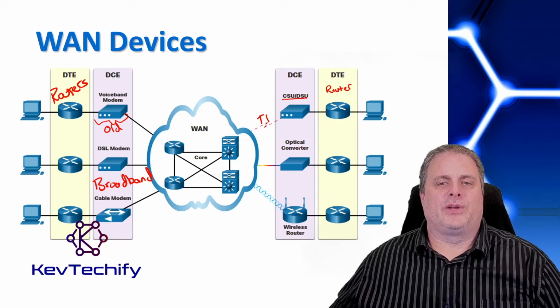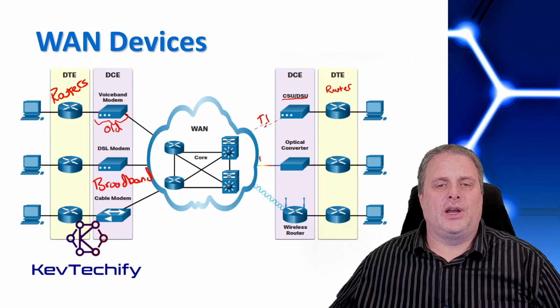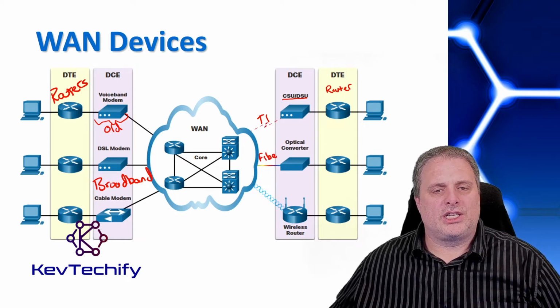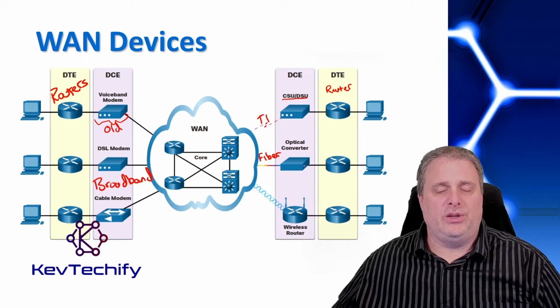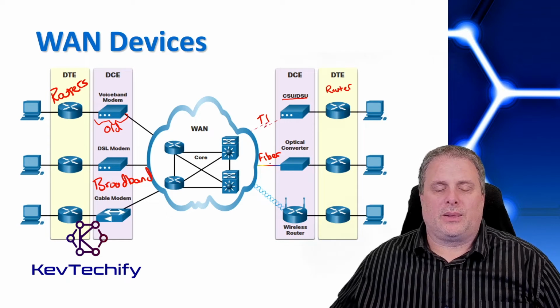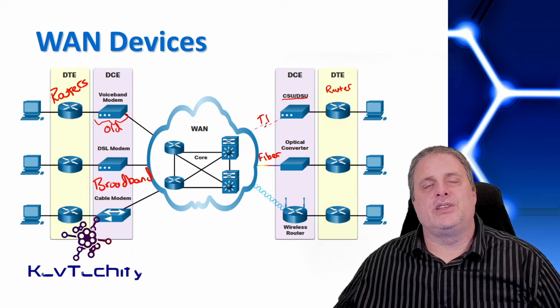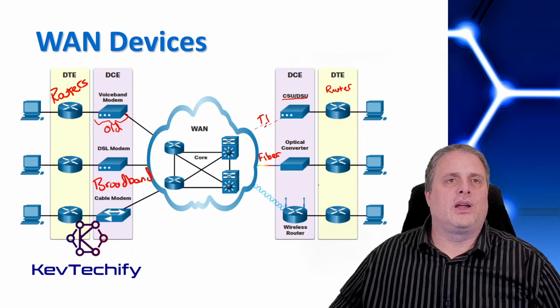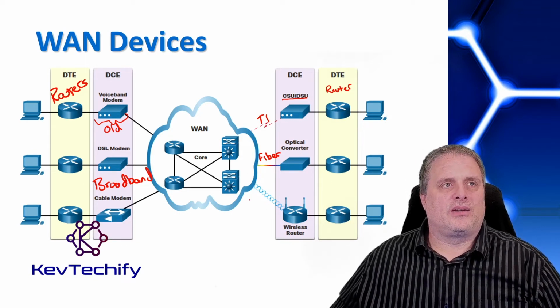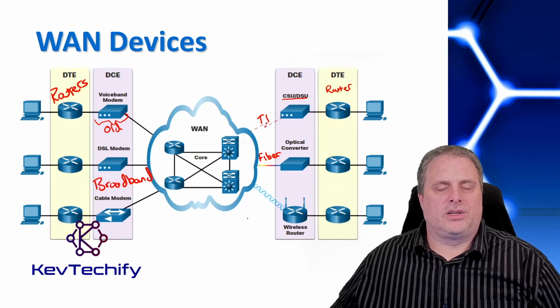You could have an optical converter. This takes fiber in and once again changes it to a signal you can use. Different types of fiber, but they all have to convert that light signal into a signal you can use on your network. And then we also have our wireless access points, a wireless router.